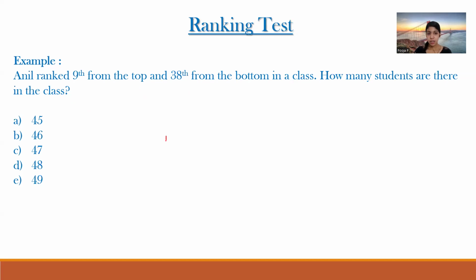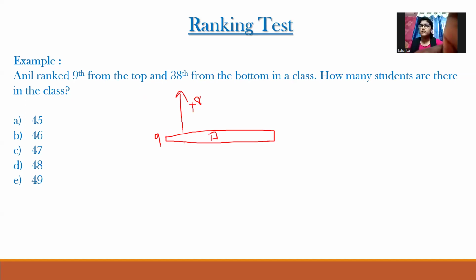Let's say this is the ranking of Anil. Anil is somewhere here, and from the top, this was the ninth rank, which means there are 8 more over here. And they have told he is 38th from the bottom.